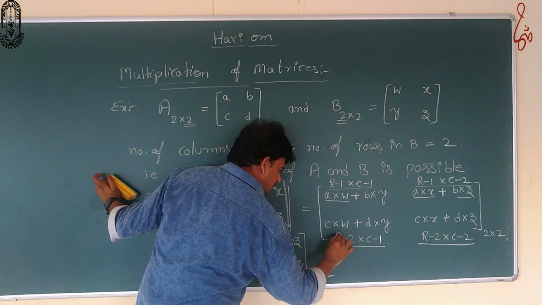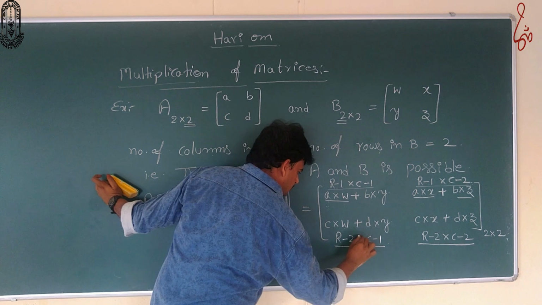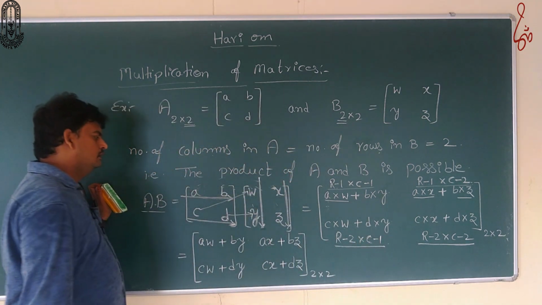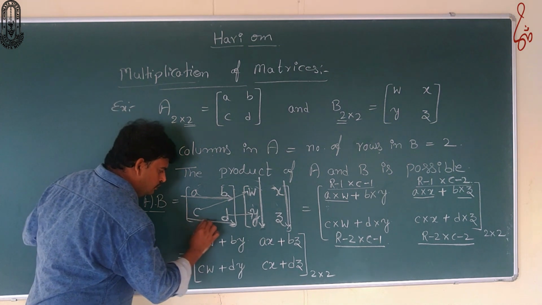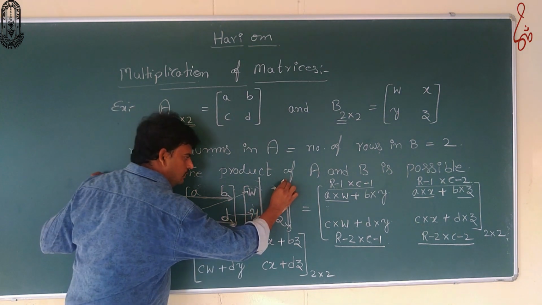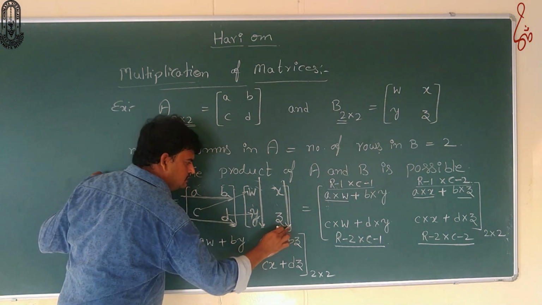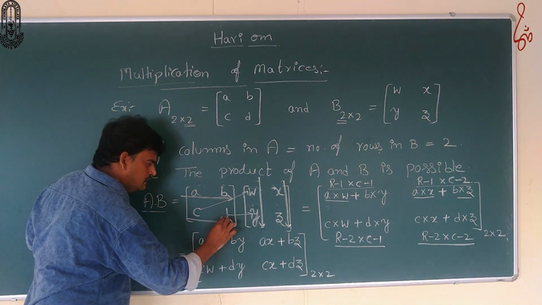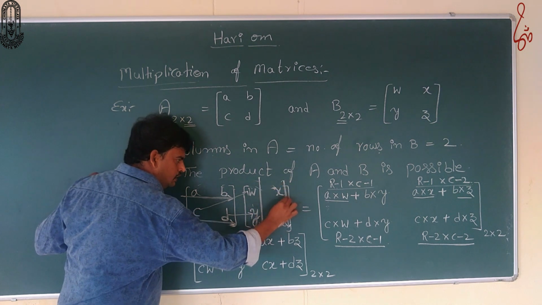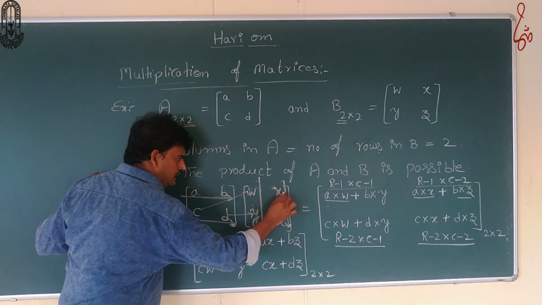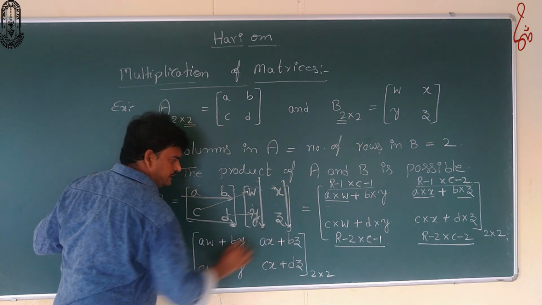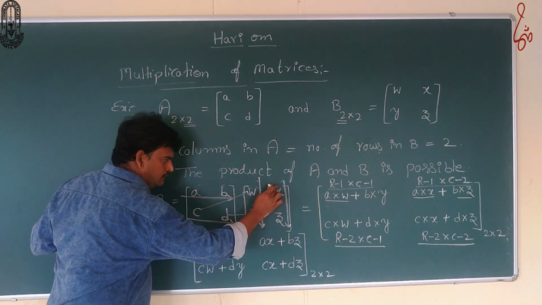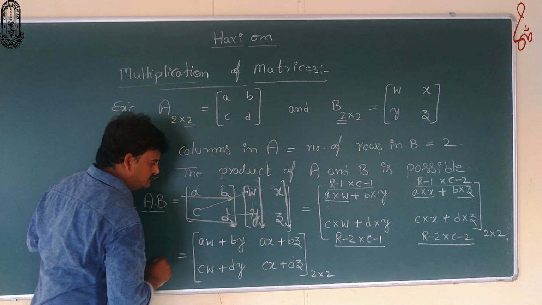This is row 2 into column 1. Then row 2 and column 2 elements we are going to multiply. Here in row 2 we have C and D elements. In column 2 we have X and Z. Now C and D elements are going to multiply with X and Z elements.